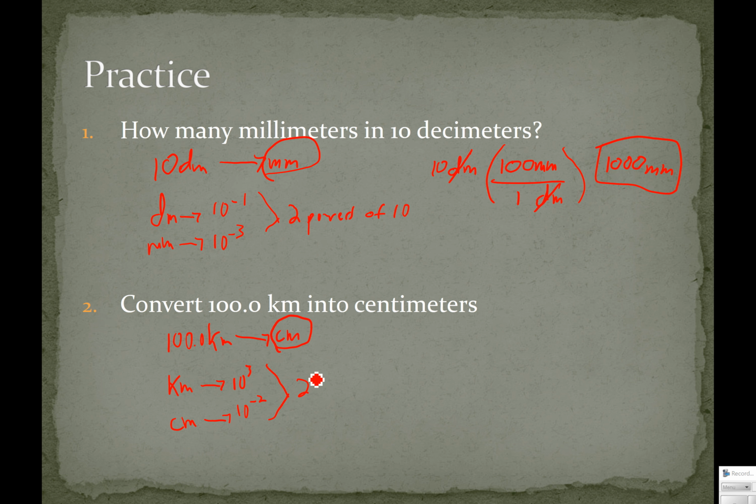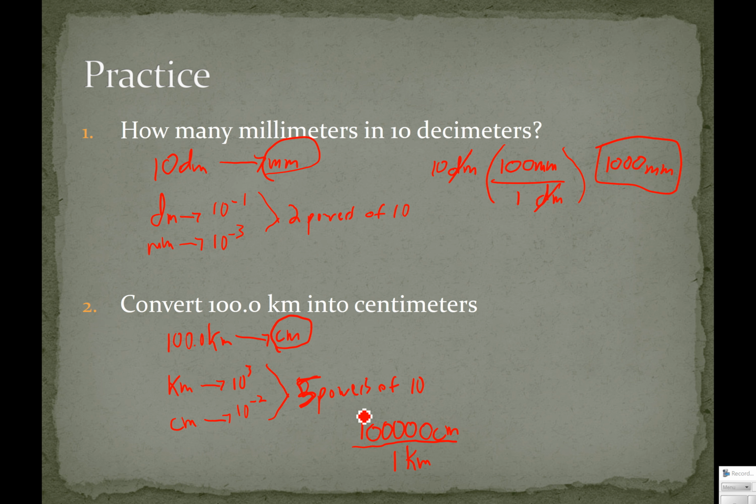This is, excuse me, not 2, but 5 powers of 10 different. So our conversion factor, again, will always start with a 1, and in this case, it's going to be followed by 5 zeros. Now the smaller unit is the centimeter. So there are 100,000 centimeters in 1 kilometer.